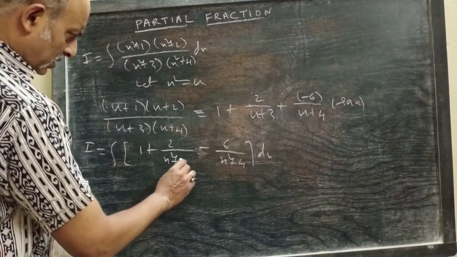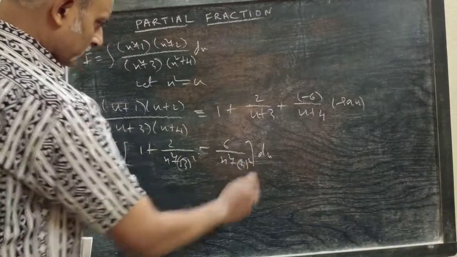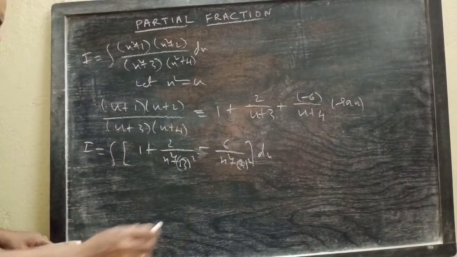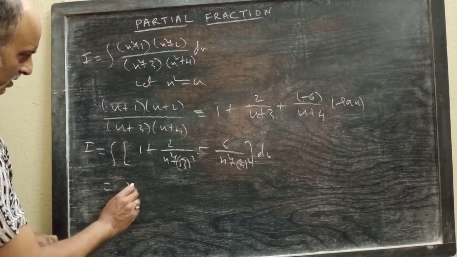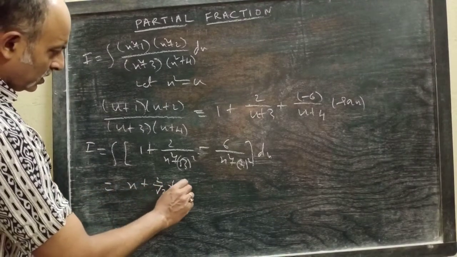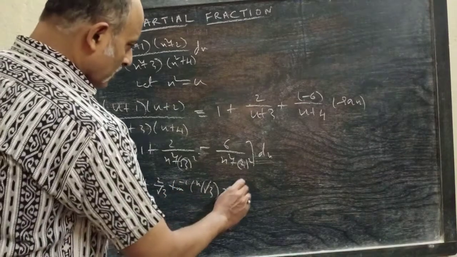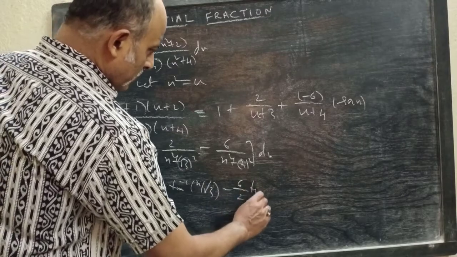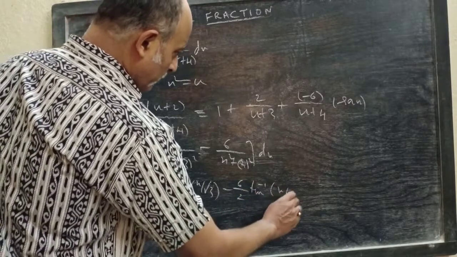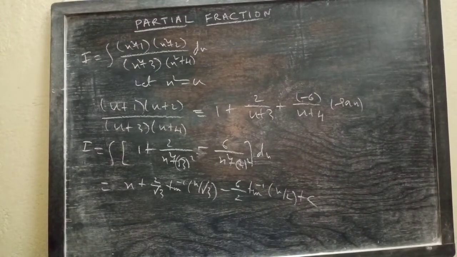Look, this 3 can be thought of as root 3 square and this 4 can be thought of as 2 square. So they are readily integrable. This is x, plus 2 by root 3 tan inverse of x by root 3, minus 6 by 2 tan inverse of x by 2, plus c. This is our answer.